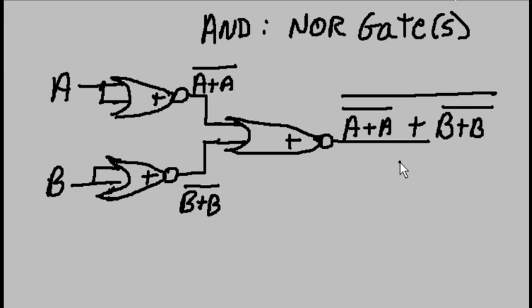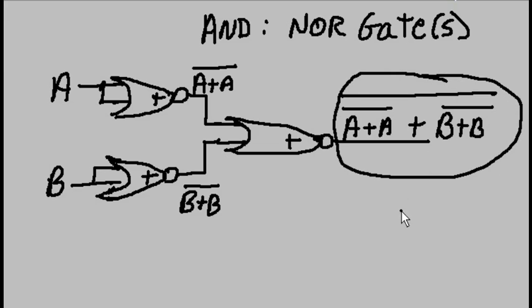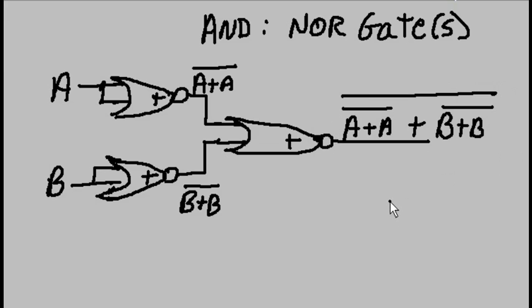And what I'm saying is that this whole thing here is really an AND gate, and it's ANDing A and B. Now you say to me, but that doesn't look like an AND gate in any way, shape, or form to me. No, it doesn't.